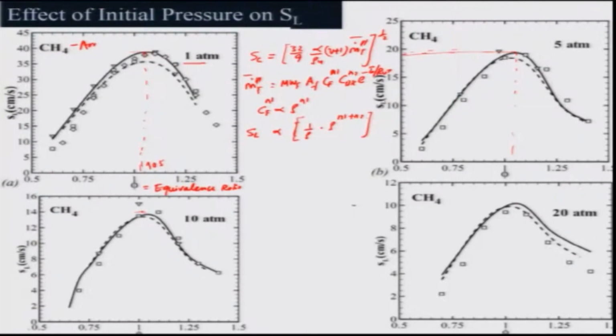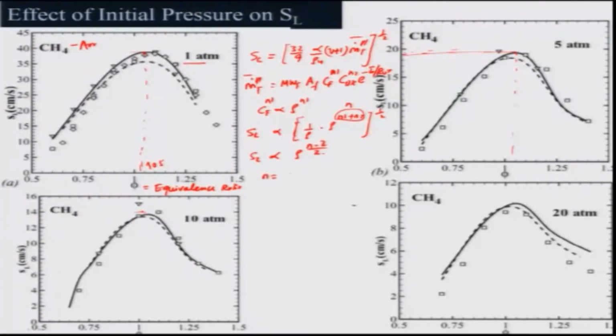power to the half. So, I can say SL is proportional to rho to the power of N minus 2 divided by 2.